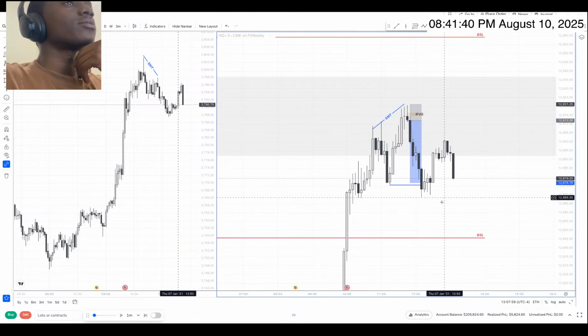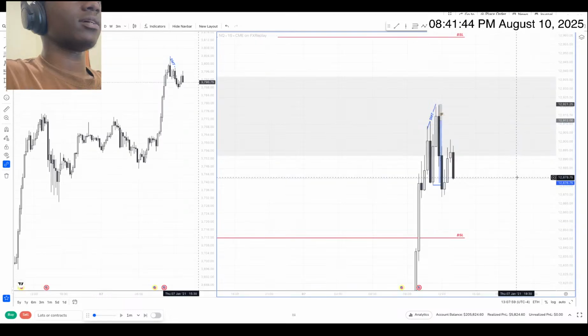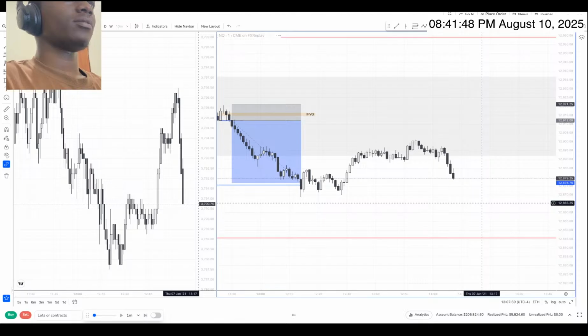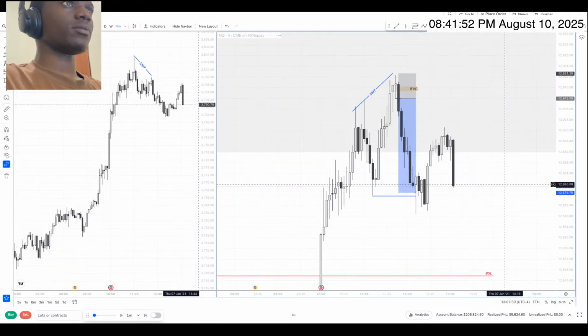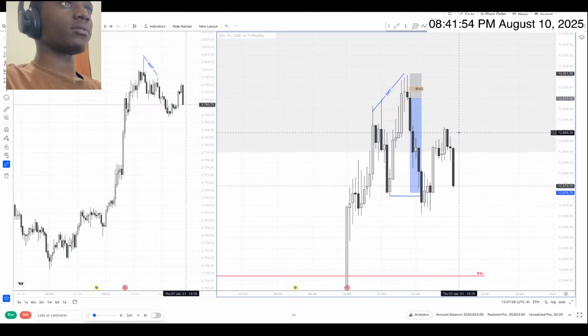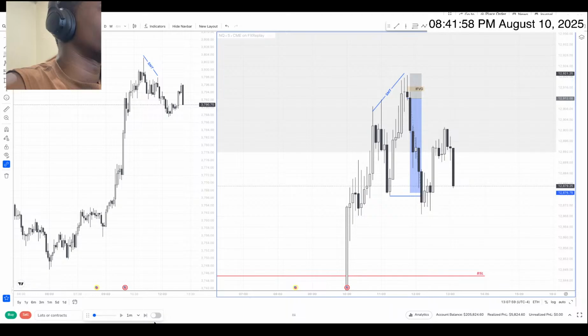I don't know why this looks like some kind of rebalance. 15 minute. There's no fair value gap that it rebalances to. But let's keep watching it. Yep, let's keep looking at what it does.